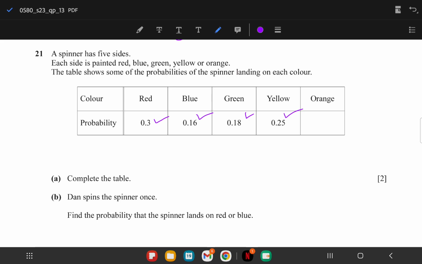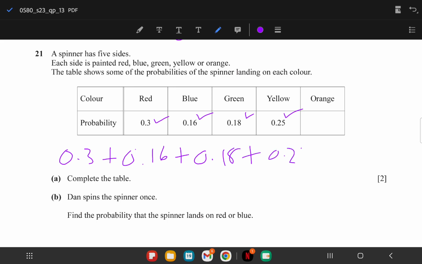Okay, so 0.3 plus 0.16 plus 0.18 plus 0.25 is 0.89.